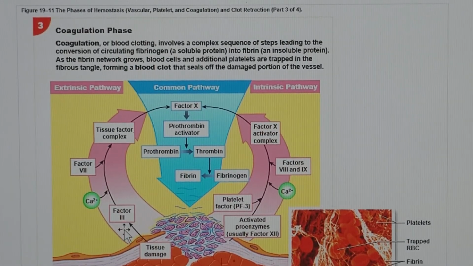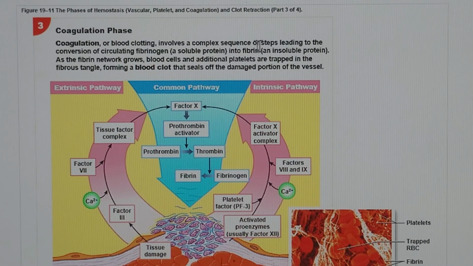This picture is showing you the three pathways, the extrinsic, the common, and the intrinsic. Extrinsic coming this direction here, factor 3, changing to factor X. Here we're coming through the intrinsic to factor X as we come to the common pathway.